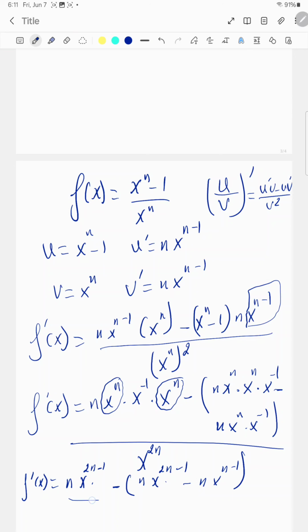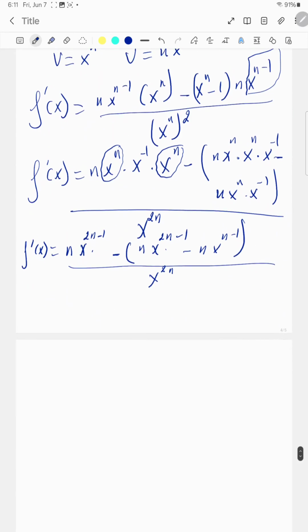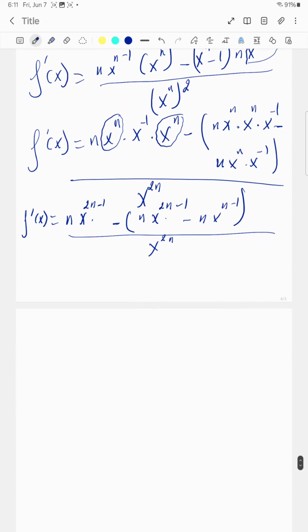I don't know if I should have done it this way, or kept it x to the power n times x to the power minus 1. I think I should have kept it the other way. No problem, we'll put it back.